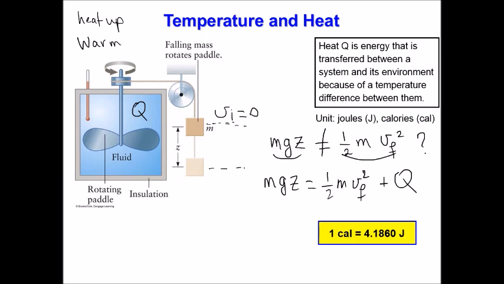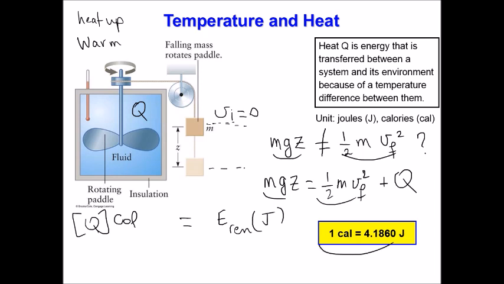So he calculated a certain amount of heat in calories, and he calculated the remaining energy in joules. These two energies should be equal to each other. When he did that, he found that 1 calorie is 4.18 joules. So that's the relationship for going from calorie to joule and from joule to calorie.